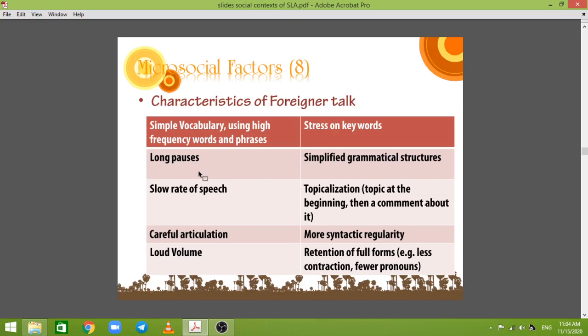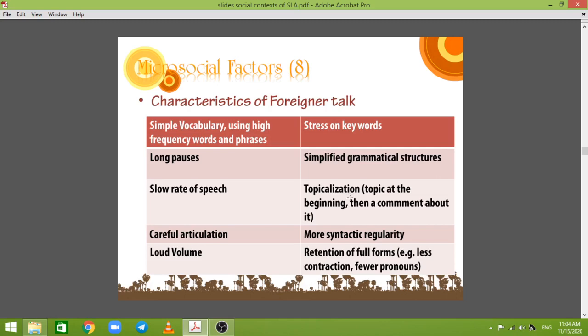There is also the existence of long pauses from one utterance to another, and they try to produce simplified grammatical structure as well, everyone. They also prefer a slow rate of speech, and they are based on topicalization.